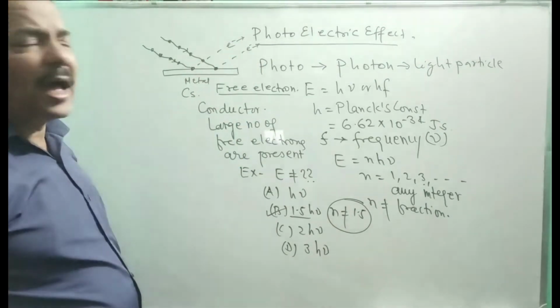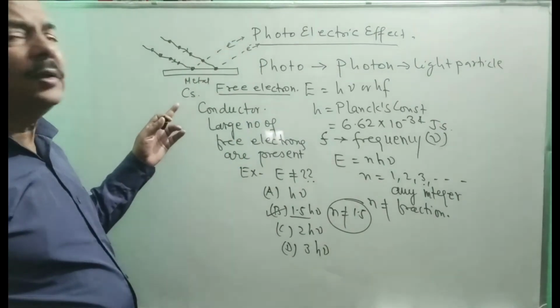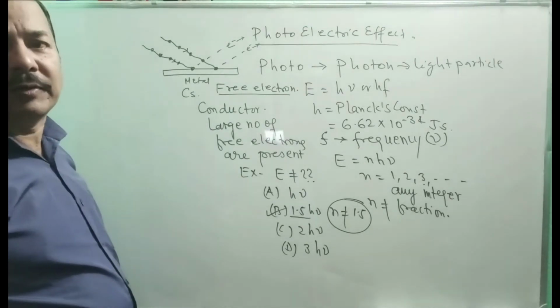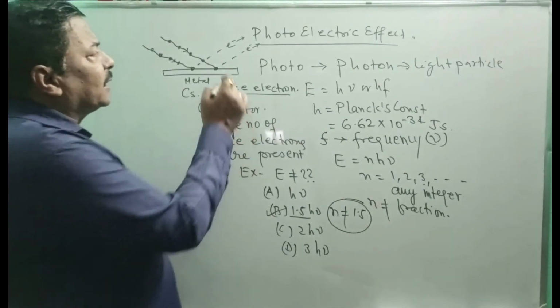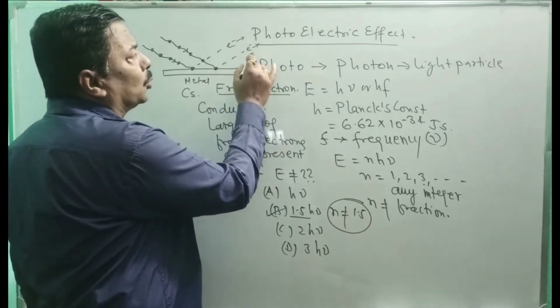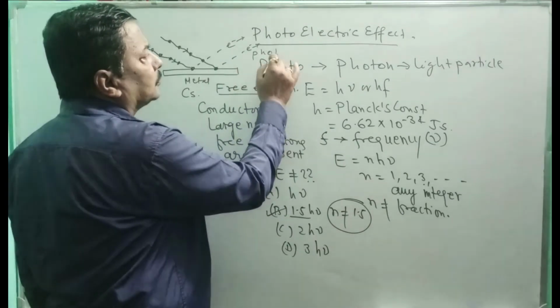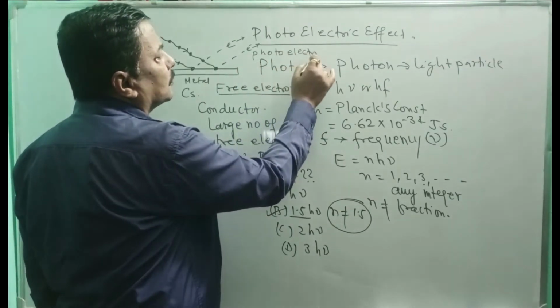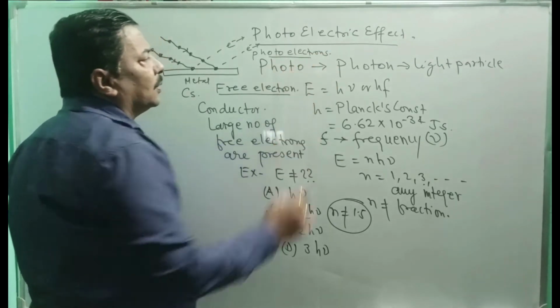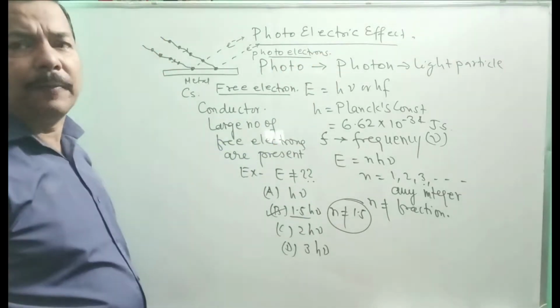When electrons are ejected, this phenomenon is called the photoelectric effect, and these ejected electrons are called photoelectrons. This is basically the photoelectric effect.